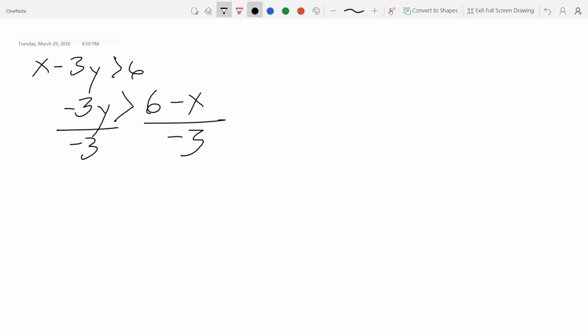Now, because this is an inequality, the most important difference between solving inequalities and equations is that if you have to multiply or divide by a negative number, you have to change the direction of the inequality sign. Now, I didn't on the first step.